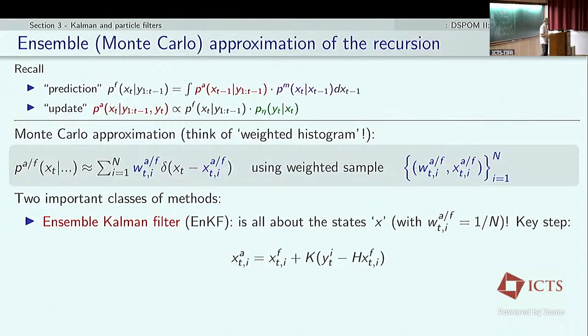There are tricks to how you compute K without computing the covariance, and that's a fairly straightforward calculation. It's not very difficult at all. It's in terms of the square roots of the matrices, and square roots can be easily computed from sample points. If you know a little bit about how to compute square roots of covariance matrices using samples, that's basically what goes into this.